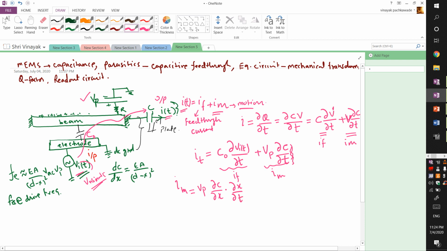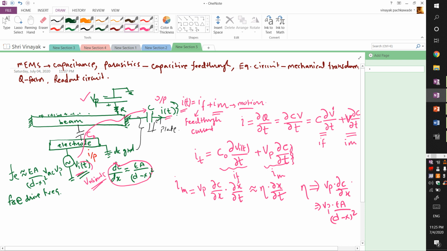So it's essentially the same, because dx gets cancelled over here, and which can further be approximated as eta times dx/dt. So eta takes the form Vp into dC/dx, which can be written as Vp into epsilon A by (d minus x) whole square, because dC/dx is what we have written here. So that is how it goes.